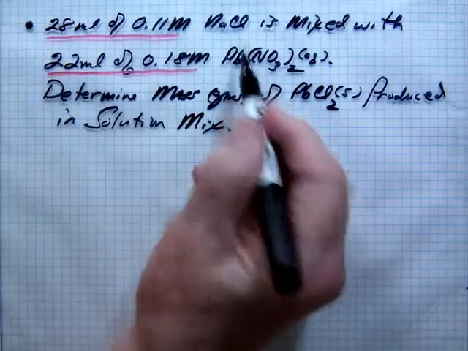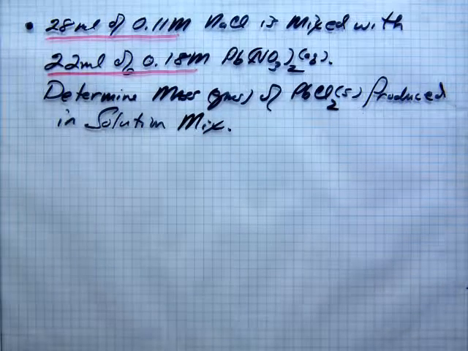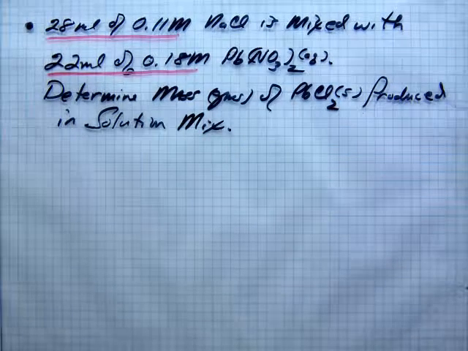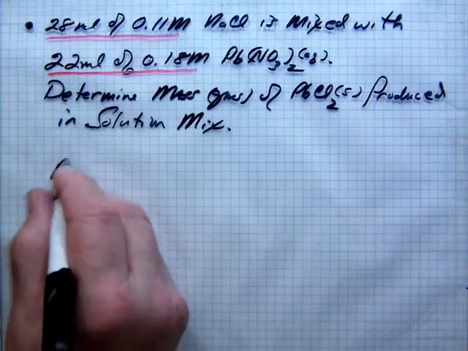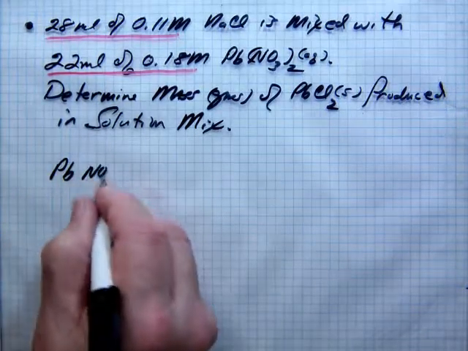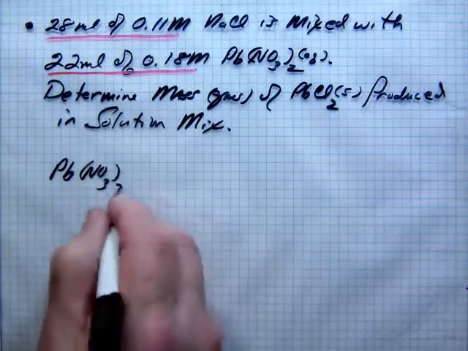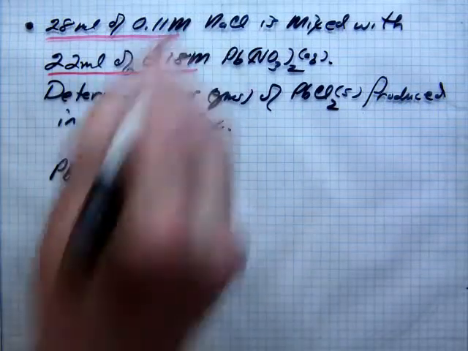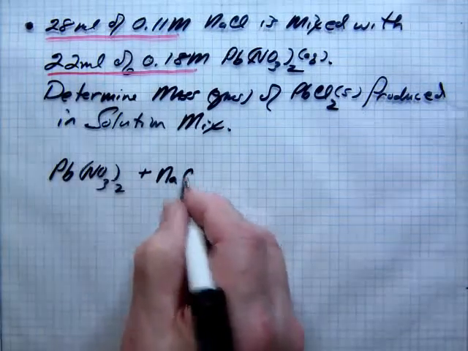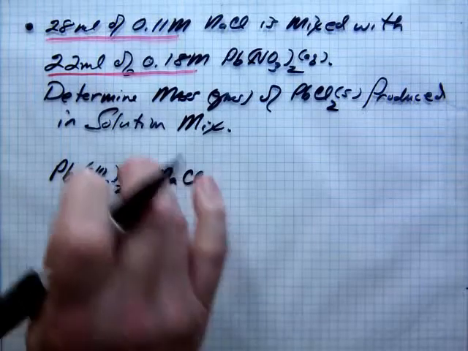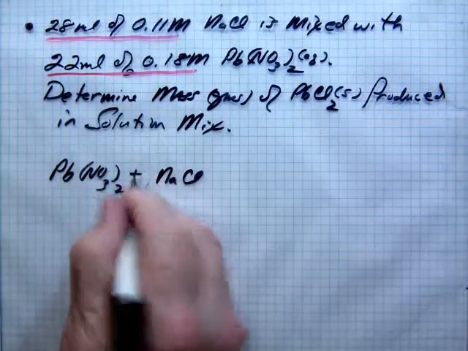Now, we have a metathesis between the sodium chloride and lead nitrate. So I'm going to put Pb(NO3)2, and that's an aqueous solution, plus sodium chloride, also aqueous. Give yourself a little room there.